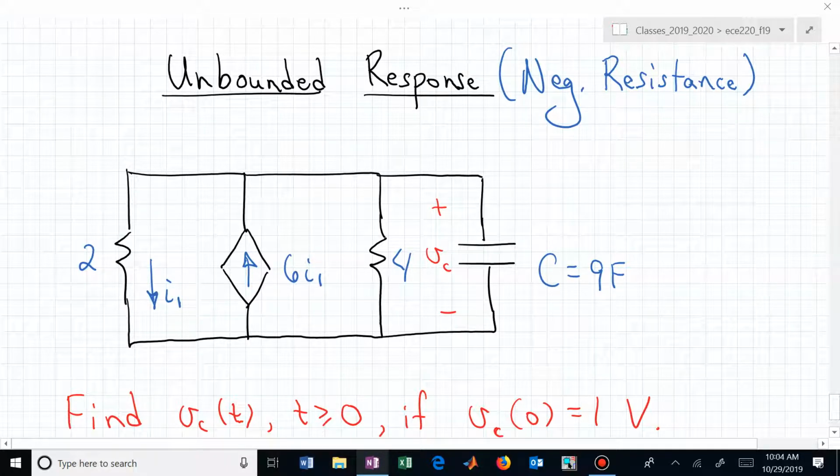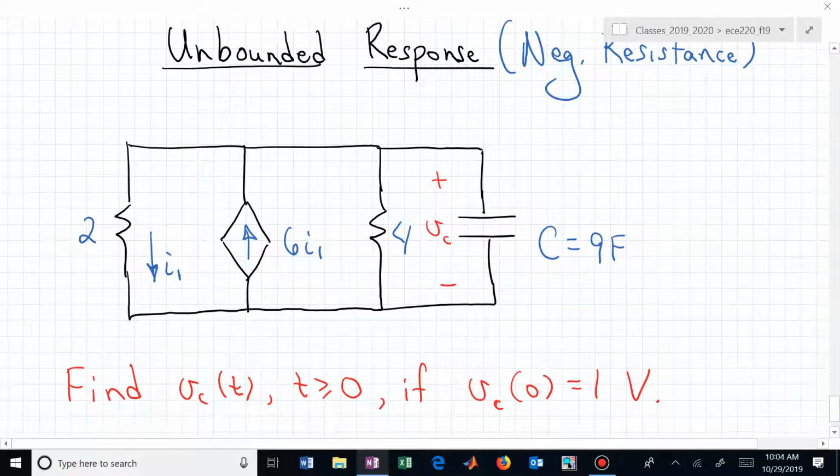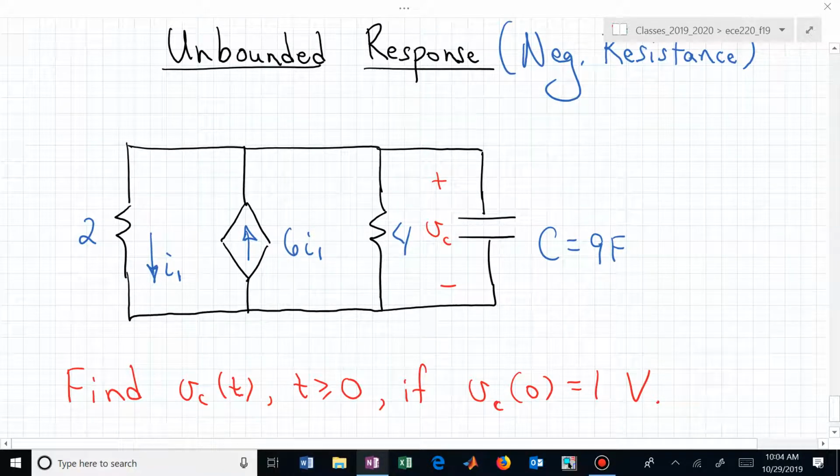Here's a circuit that's been cooked up, and let's now say that we have a dependent source and we want to find the capacitor voltage, assuming we initialize that capacitor at 1 volt at time 0. What's going to happen beyond time 0? We want to know what's the behavior of that capacitor voltage based on this circuit.